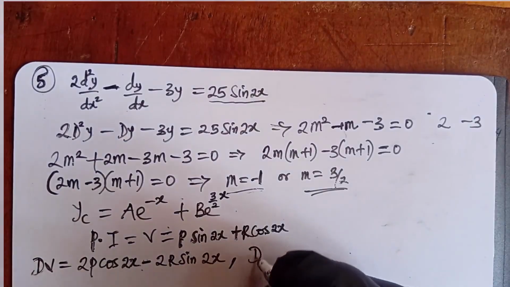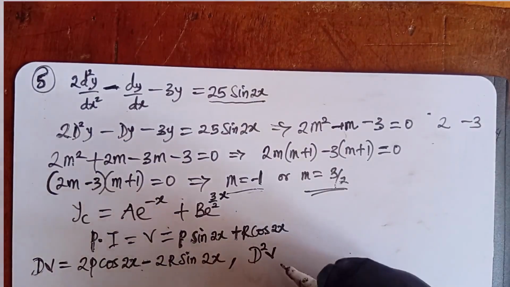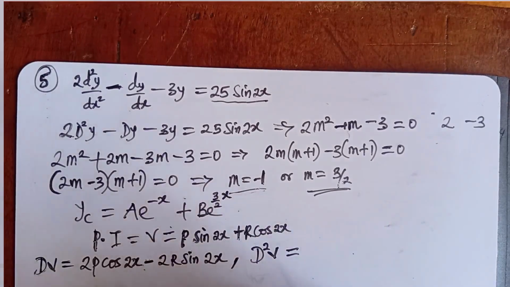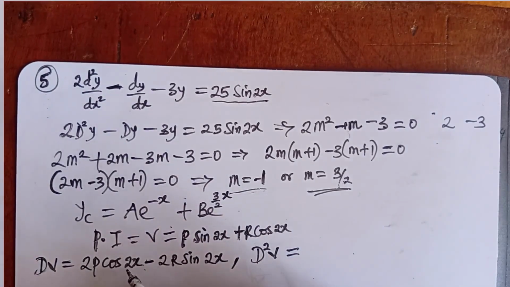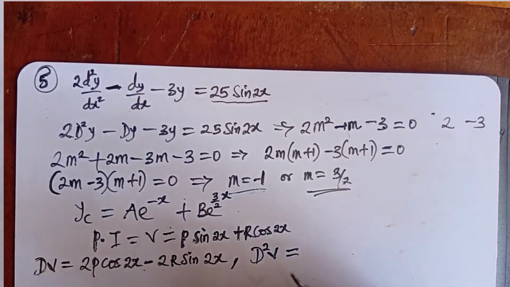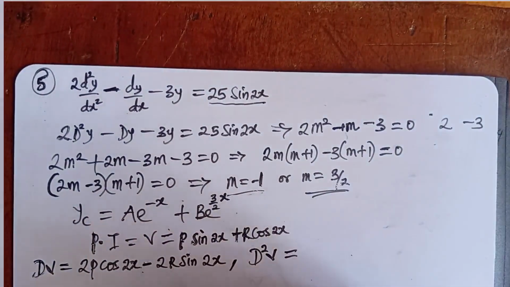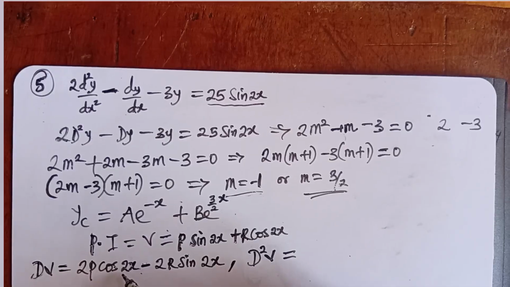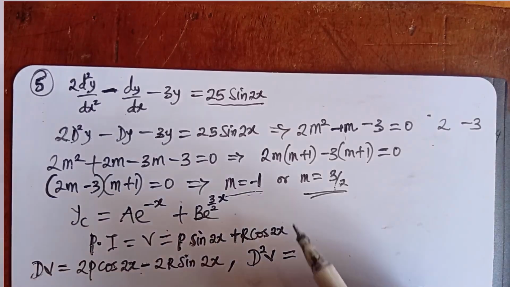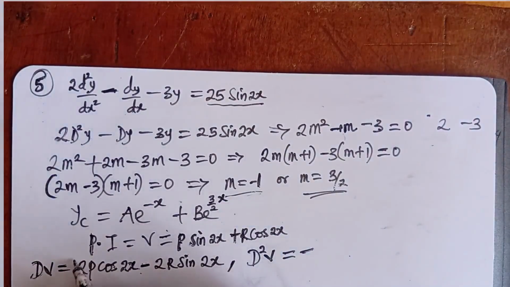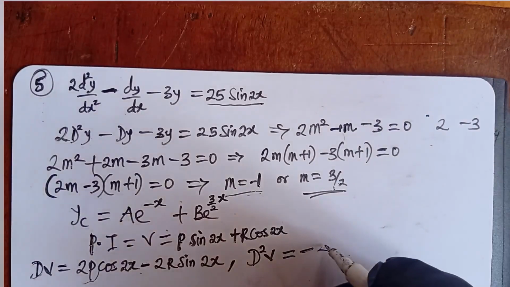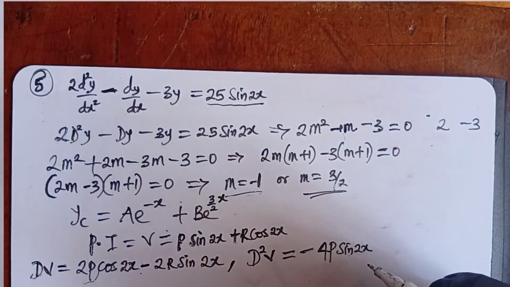I want to get the second derivative, which will be d squared v. I will now differentiate everything here. The derivative of cosine is minus sine, so I'm going to bring the minus outside. This 2 here will multiply what is outside before. That will be minus 4p sine 2x.